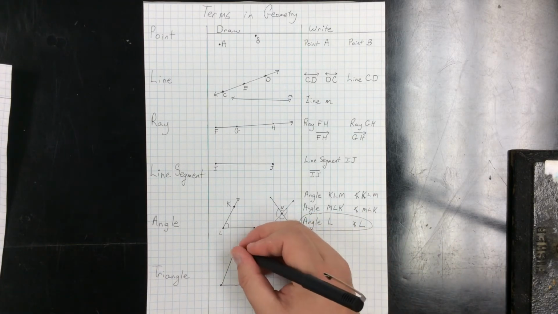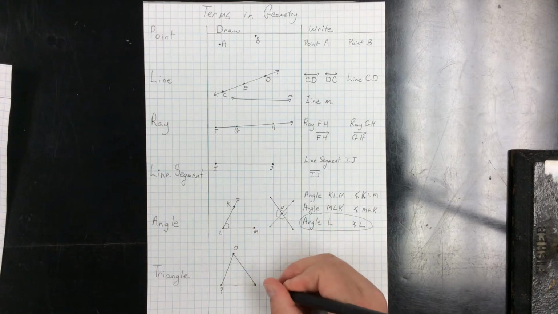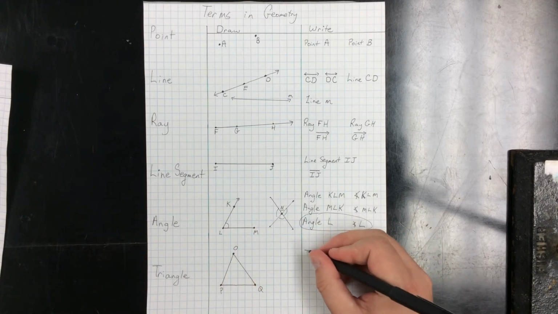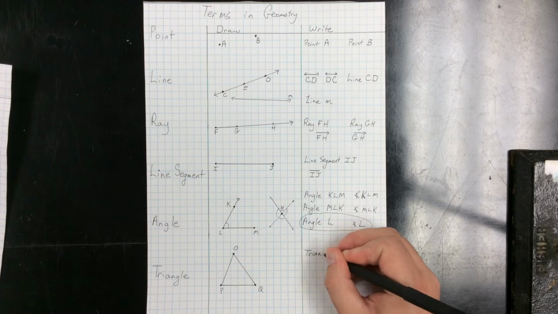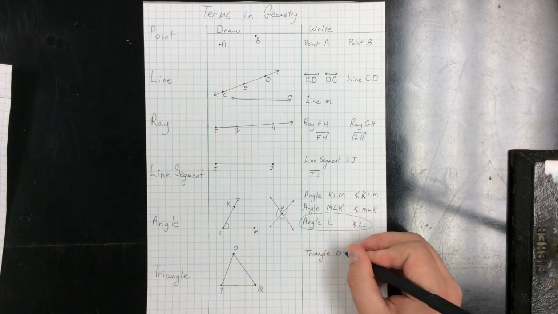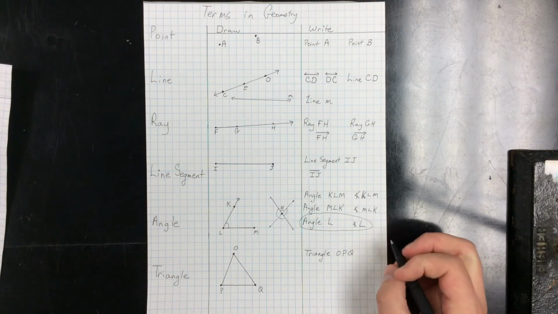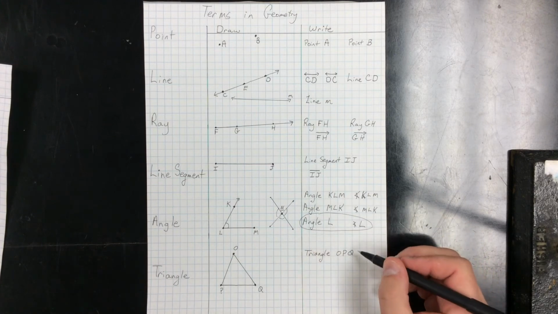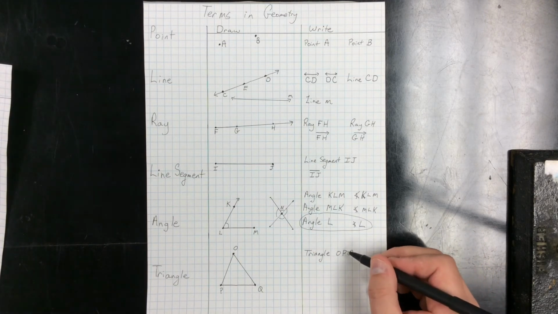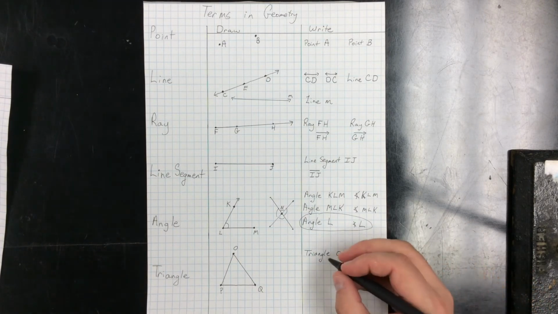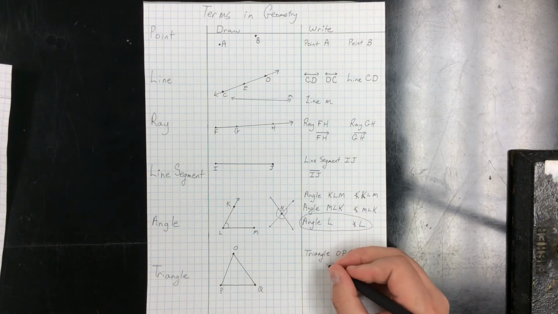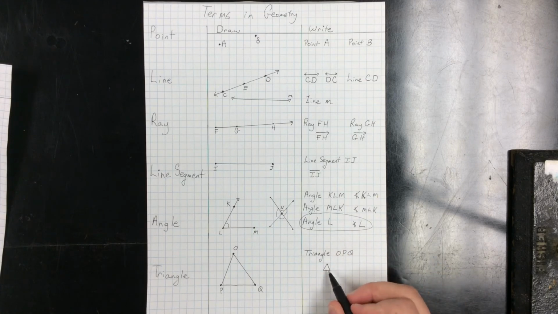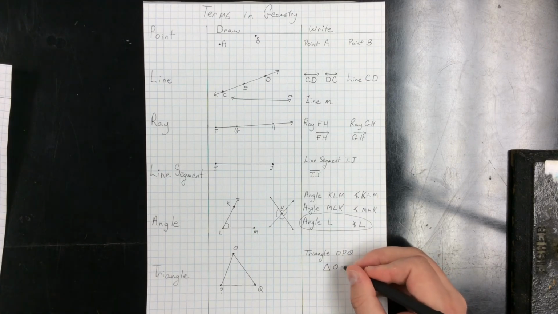So I would say O, P, Q. So this is triangle OPQ. Or I can mix up the order. It could be QPO, OPQ, doesn't really matter. And the short form, if I want to save myself from writing triangle, it's just simply draw a triangle, make it as equilateral as possible, and then OPQ.